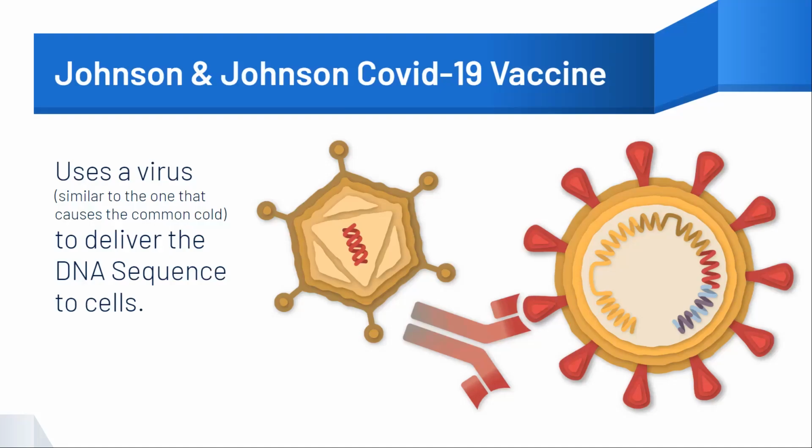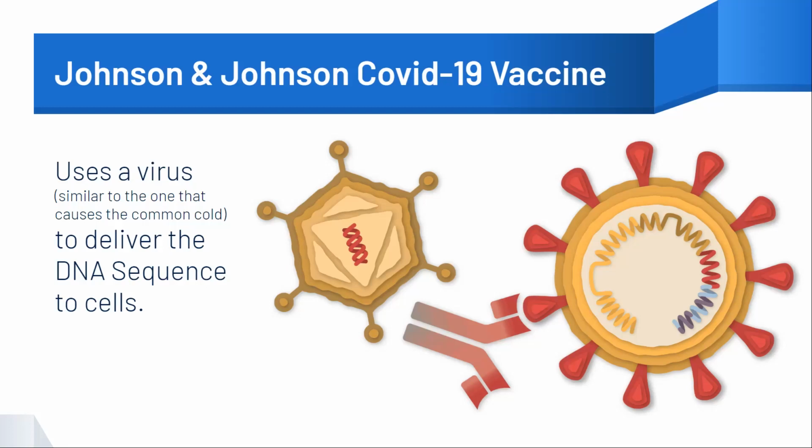And the Johnson & Johnson COVID-19 vaccine is a delivery mechanism to insert a gene into a person. And so the Johnson & Johnson COVID-19 vaccine was actually a virus.